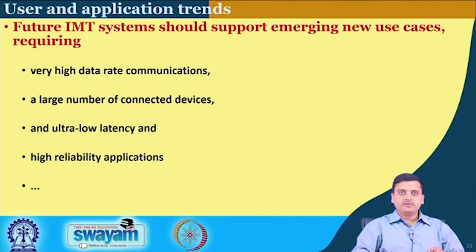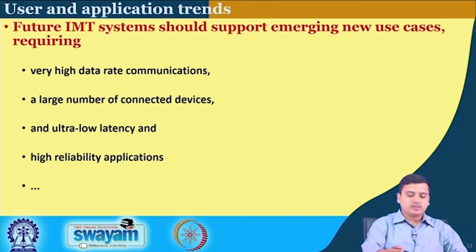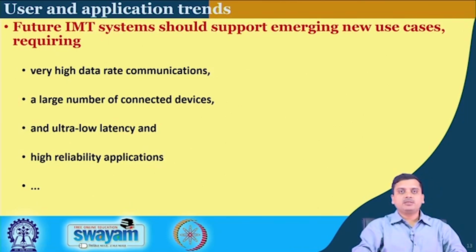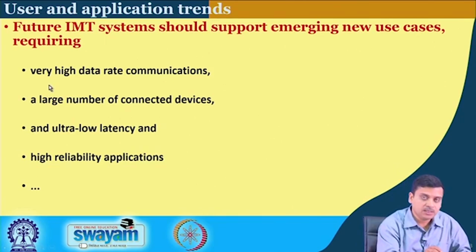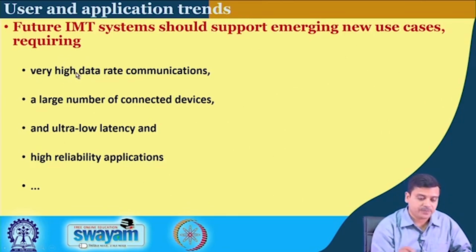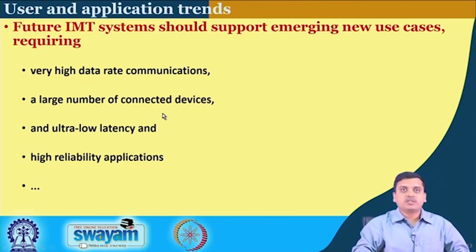In the second generation, the primary requirement was to provide digital voice across entire Europe with roaming. Now see the changes that have come in. Voice is not featuring at all in the set of requirements. It is assumed that it will be amongst the multimedia services. Things have gone much beyond voice, to very high data rate. Numbers are not specified here; they are going to come up at the end. A large number of connected devices was never a requirement earlier.